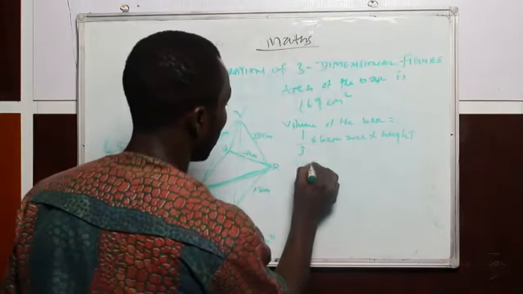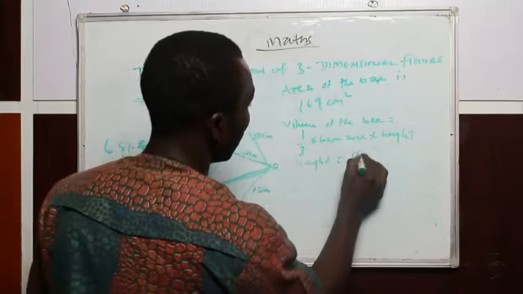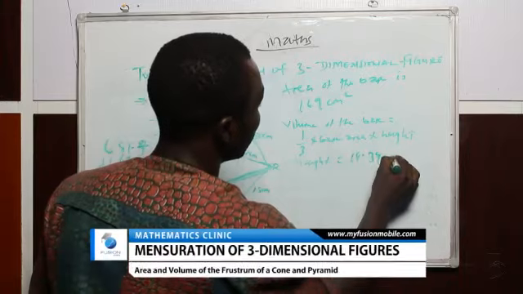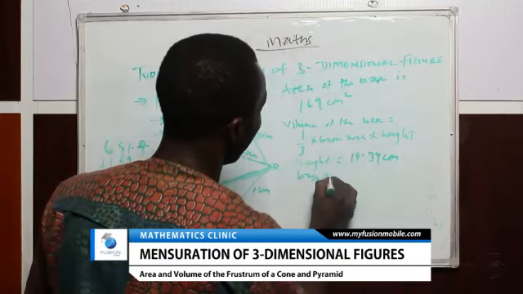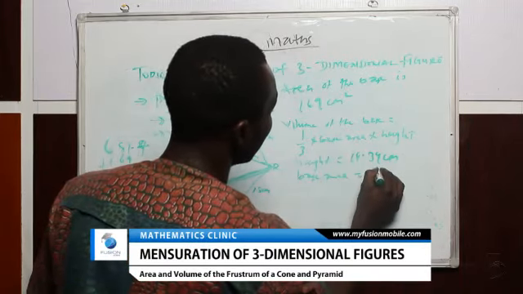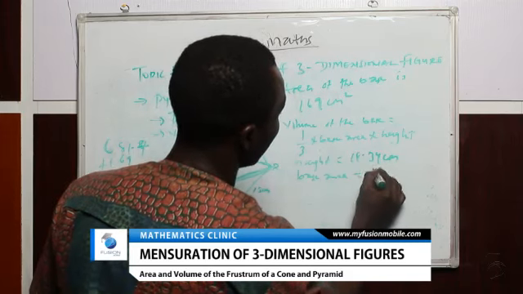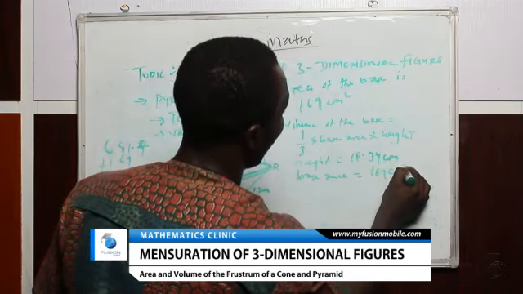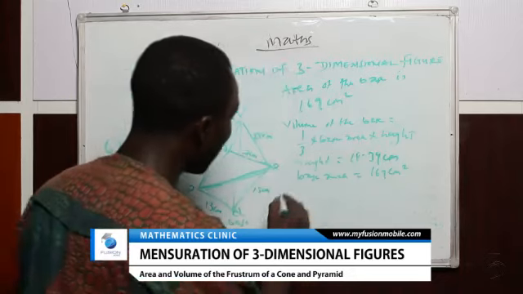Our height is 18.39 centimeter. Our base area is equal to 169 square centimeter.